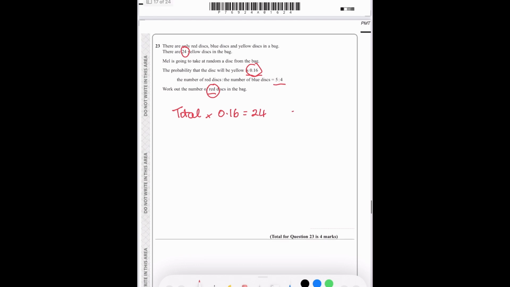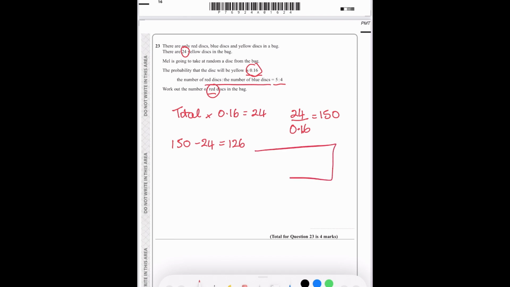So we know that 24 divided by 0.16 will give us the total, and that is 150. Now, if we take away the 24 yellow, 150 take away 24, it gives us 126. And we know that that is the blue and red.